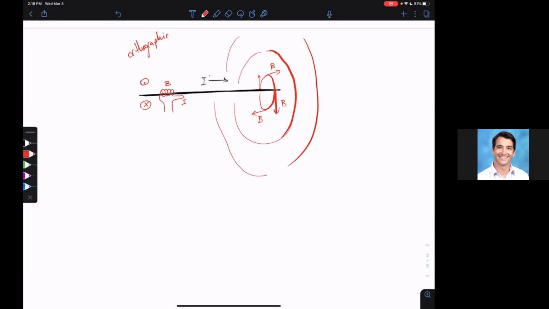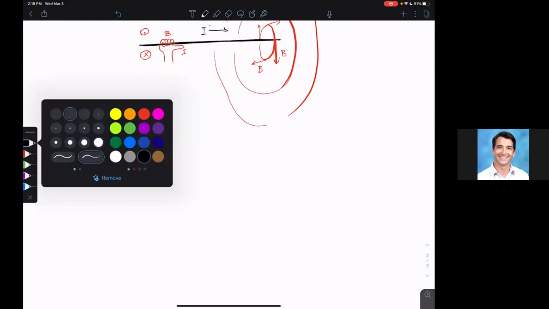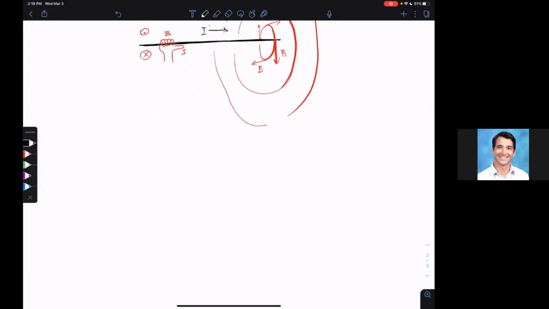Now, if we take that wire and wrap it into a loop, here it is from above. If we put a current in this, then we get our right-hand rule. If I grabbed onto that, my thumb would be pointing that way, fingers wrapping around.